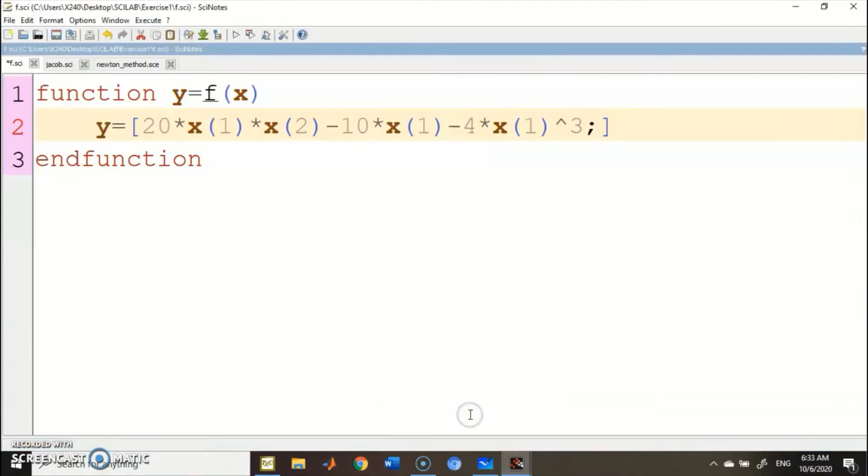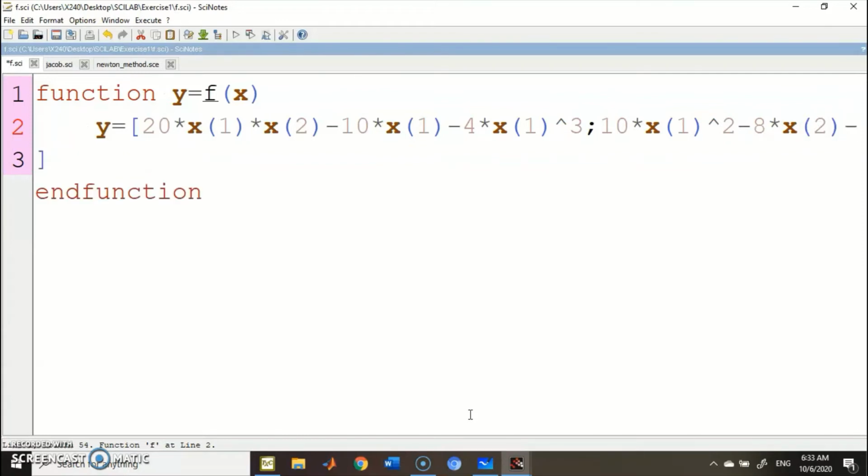So let's write it: 10 times x1 squared minus 8 times x2 minus 8 times x2 power 3.